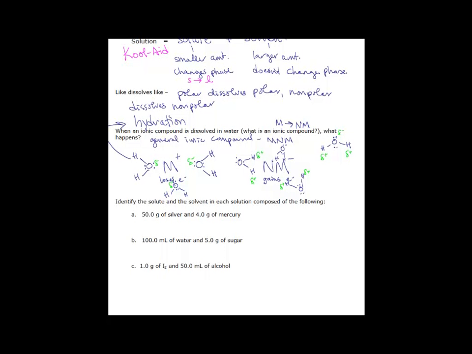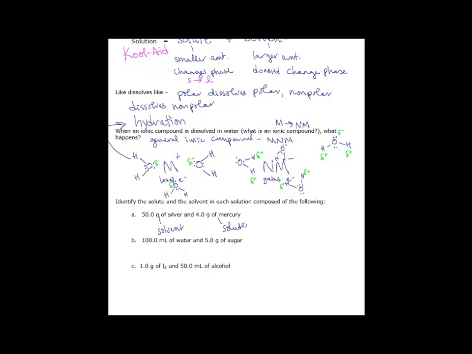The solvent is the larger amount, the solute's a smaller amount. So for A, 50 grams of silver and 4 grams of mercury. The silver is in the larger amount, so it's going to be the solvent, and the mercury is going to be the solute.